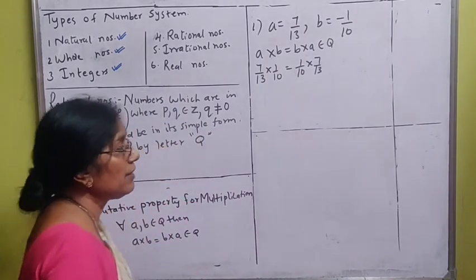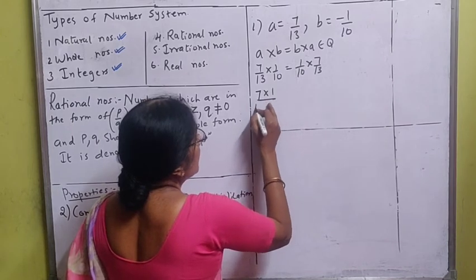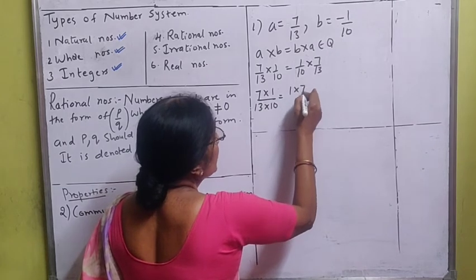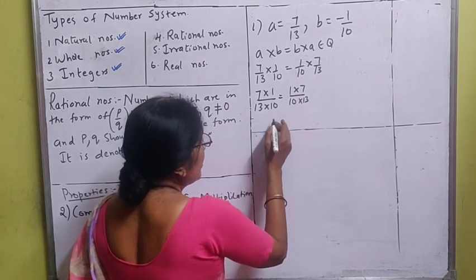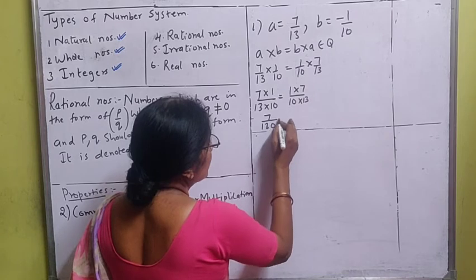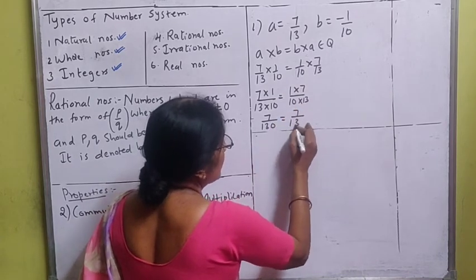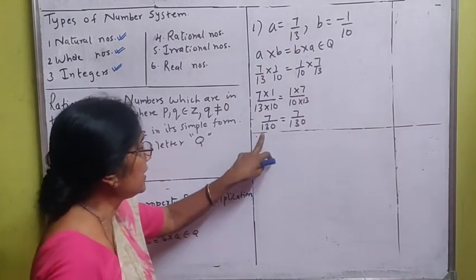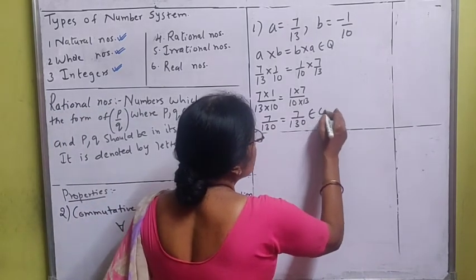Last time only I told you when multiplication comes, multiply numerator into numerator divided by denominator into denominator. 7 ones are 7, 13 into 10 is 130. Similarly, 7 ones are 7, 10 into 13 is 130. Both are integers, yes. Denominator is 0, no. Both are in simplest form, yes. So this belongs to Q.